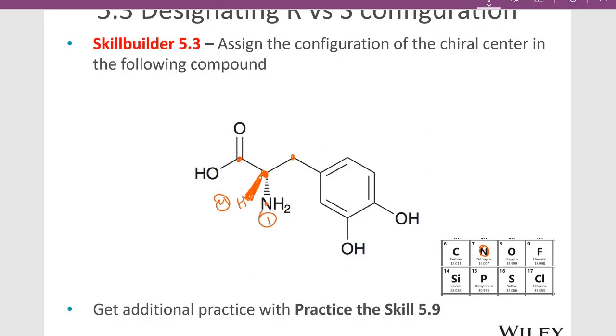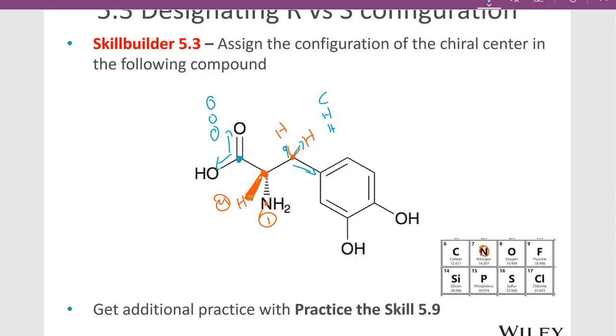Then we've got carbon versus carbon, so at that layer we've got to determine how to break this tie. This carbon has carbon going that way, hydrogen, hydrogen. This carbon has 2 oxygens this way because that double bond counts twice, plus another oxygen. So we've got carbon, hydrogen, hydrogen versus oxygen, oxygen, oxygen.